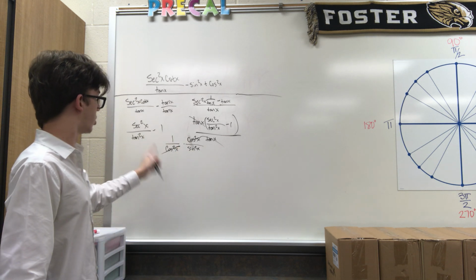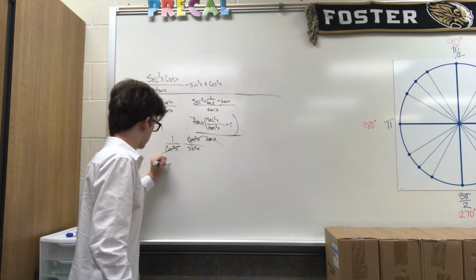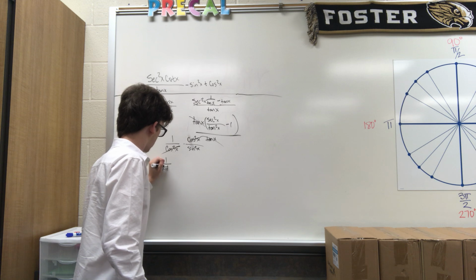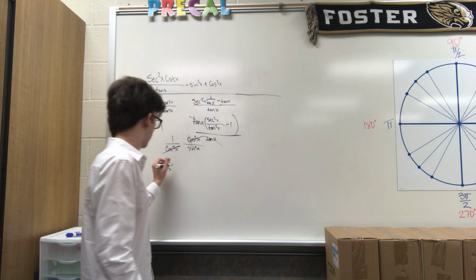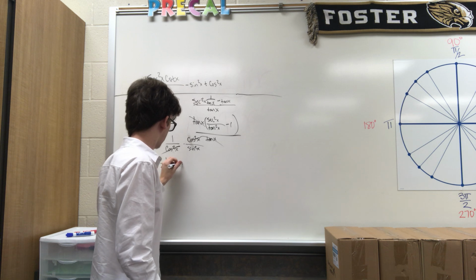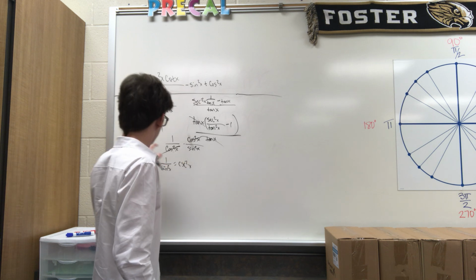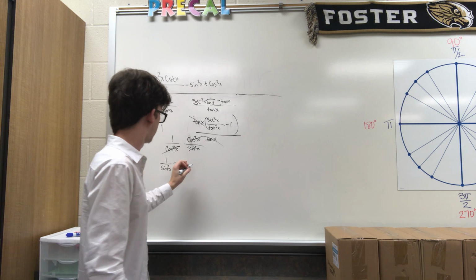And so now we're left with 1 over sine squared of x, which is the reciprocal identity to cosecant squared. And we need to bring this minus 1 down.